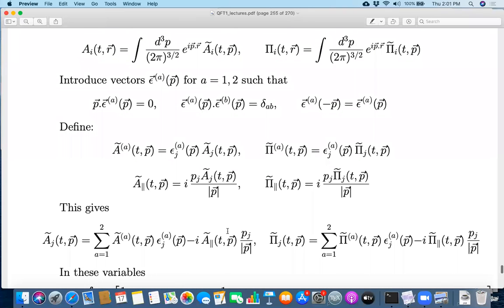And so the idea now is that instead of using A tilde J and pi tilde J as independent variables, we are going to use A tilde A, two of them, and A tilde parallel as independent variables, and similarly pi tilde A and pi tilde parallel. So we'll now express the Routhian in terms of these variables.